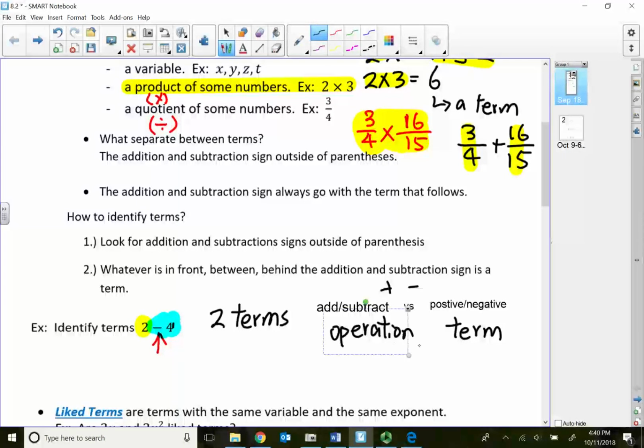So when we first read the problem 2 minus 4, the minus sign tells me that I have 2 different terms. One plus or minus sign outside the parentheses separates between 2 different terms. So it kind of triggers our brain to think, here I've got 2 different terms.